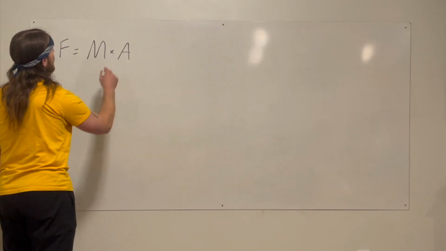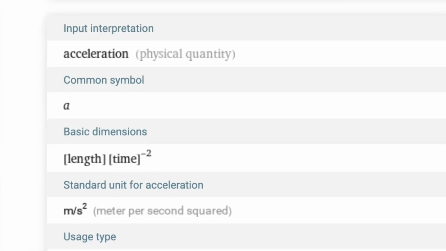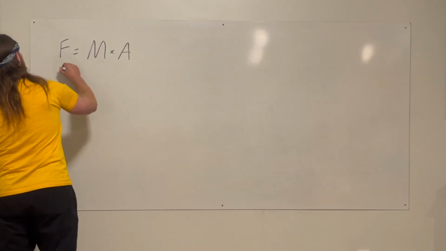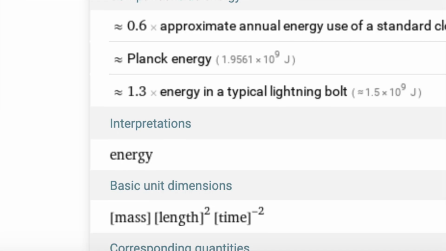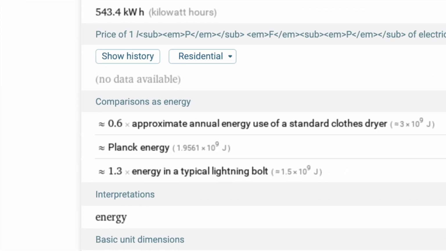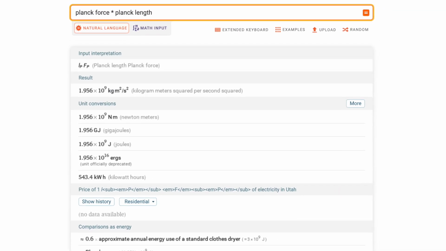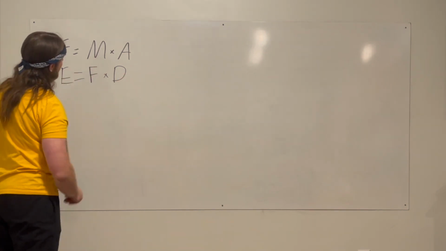Mass is mass, acceleration is length per time over time squared. Cool. Then we have energy equals force, and then I believe it's times distance. Okay, so you have force times distance.